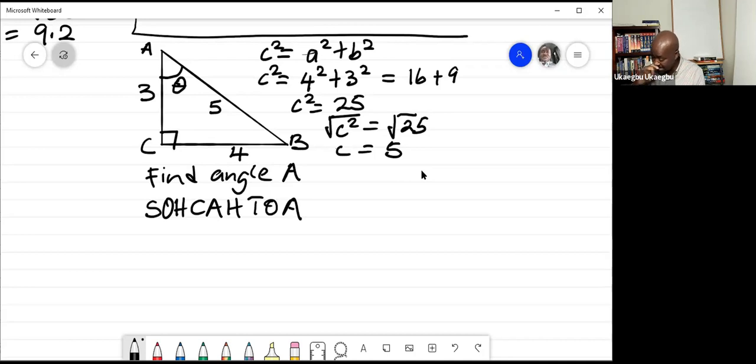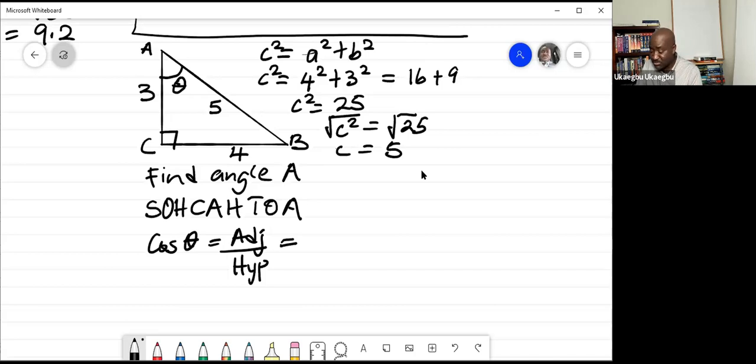So cosine is adjacent over hypotenuse. So we have cos theta is adjacent, ADJ, over hypotenuse, HYP. Now, you see the opposite. Like I said before, the opposite is the side that is facing the given angle.